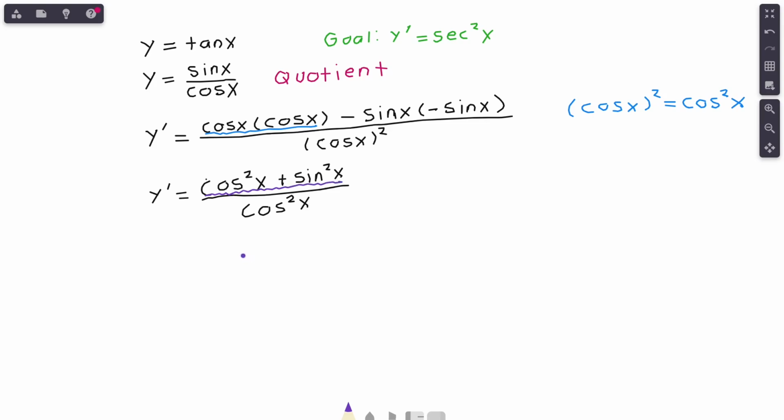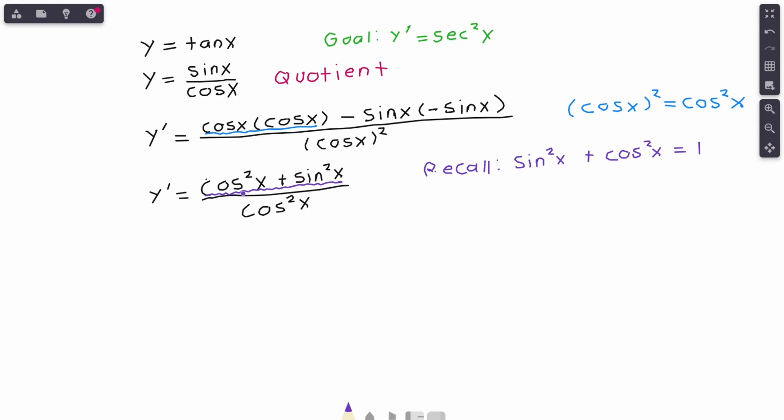So there's a really important trig identity. Let's recall, hopefully you learned about it in pre-calculus, that sine squared x plus cosine squared x is equal to 1. And addition is commutative.